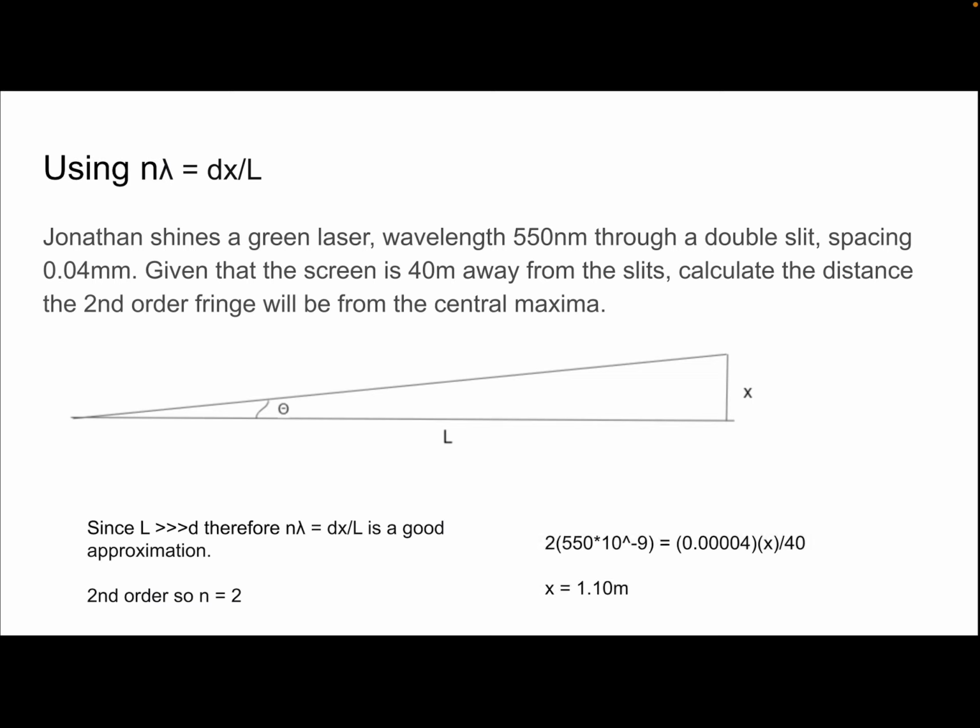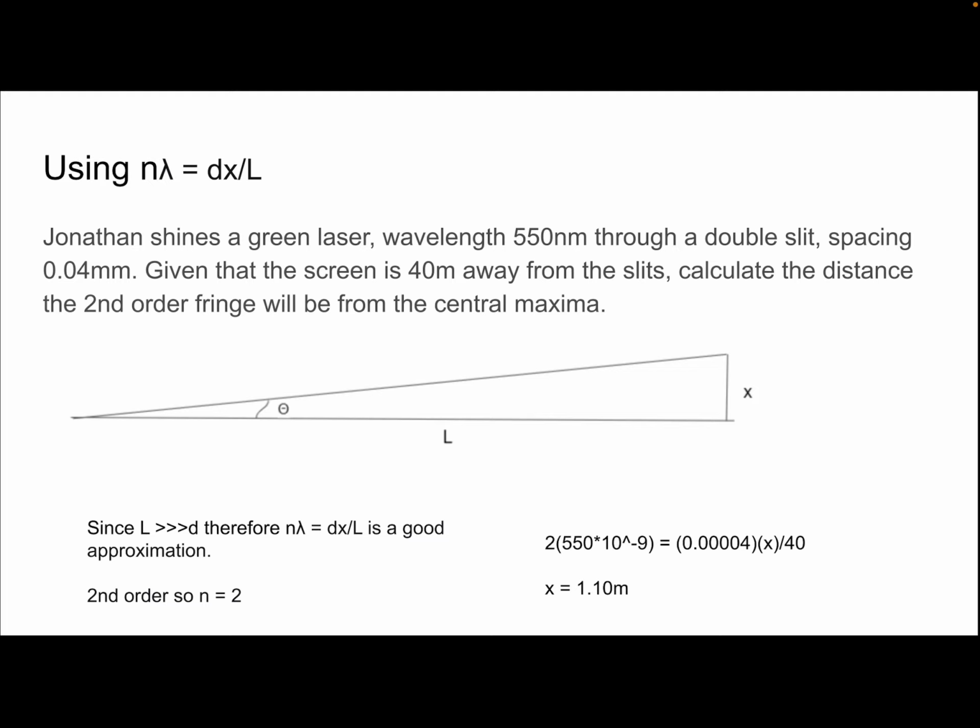So in this case, we have our wavelength, which is 550 times 10 to the power negative 9 times 2. The reason we're multiplying by 2 is because n is always the order of the fringe away from the central maxima. So for example, the first order would be n equals 1, second order would be n equals 2, third bright fringe on both sides would be n equals 3, etc. So then we have 2 times 550 times 10 to the power negative 9.